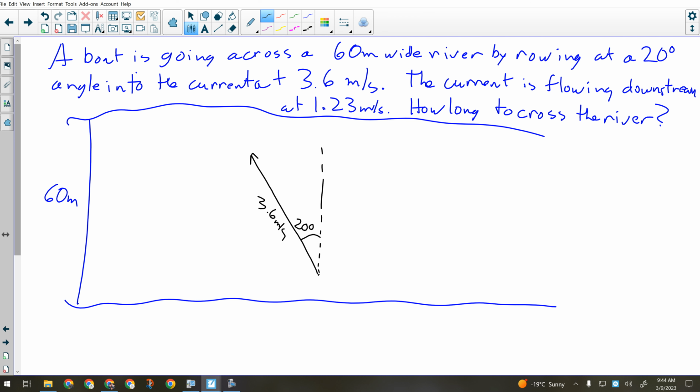Okay, the current is going to go onto the end of this, and be 1.23 meters per second, which means now my resultant is actually this side. It's not the hypotenuse, but it is the resultant velocity of the boat. It just happens to go straight across because the question says a boat is going across. Right? That means it's going straight across.